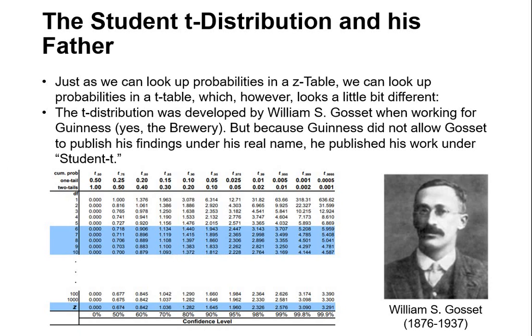In this particular t-table, from which I show you now an excerpt, you can see it also shows the z-table. And you can see if the degrees of freedom are very high, there's really no difference anymore to the value that Gossett's t-table would give you. And you can also see a picture of William S. Gossett, who lived from 1876 to 1937.